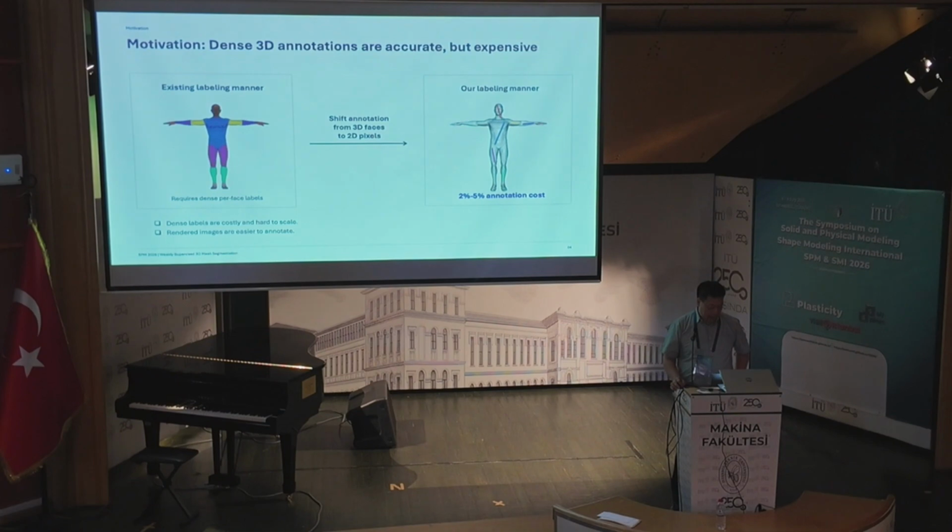So the main idea is that we develop a technique where we apply a simple sketch-wise labeling on a 2D image for the 3D mesh, and then through a further training learning process, we finally achieve 3D mesh segmentation.